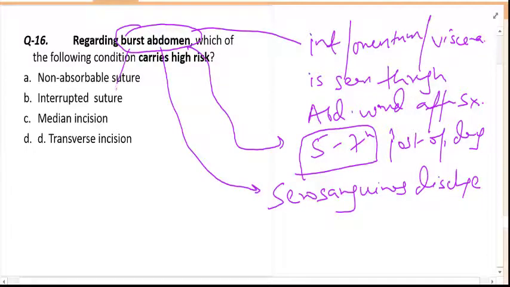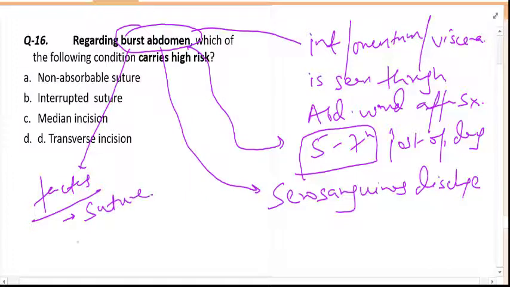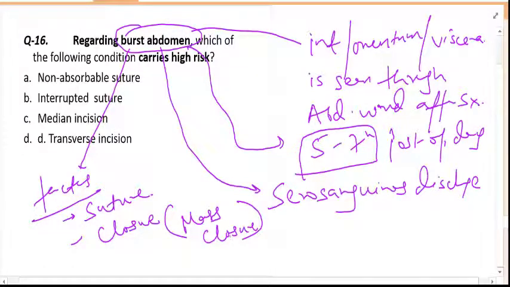So there are many factors, patient factor, surgeon factor, technique factor, suture, closure. Nowadays, they say there should be mass closure. There is no need to separate the abdomen layer by layer. You just do the mass closure, that has less risk.